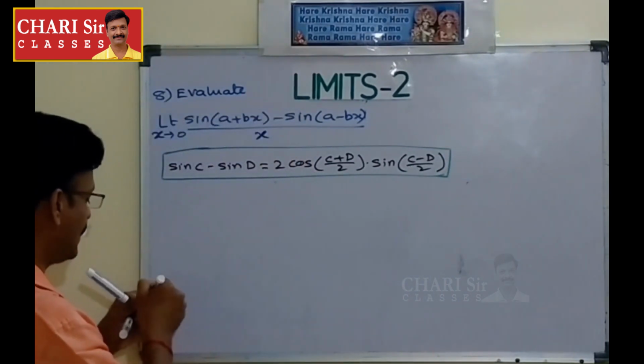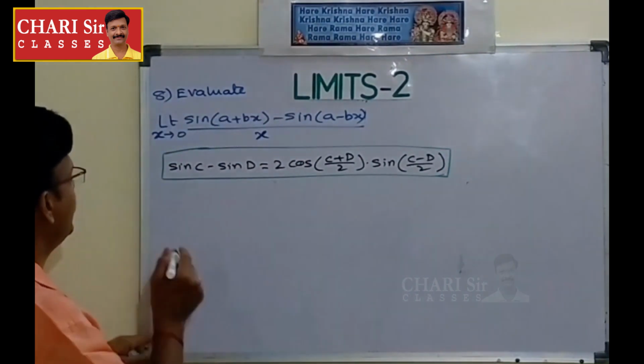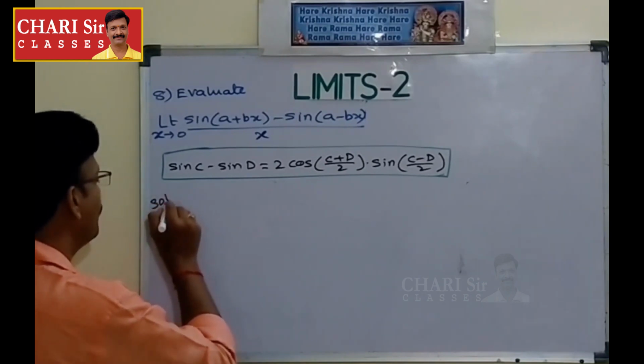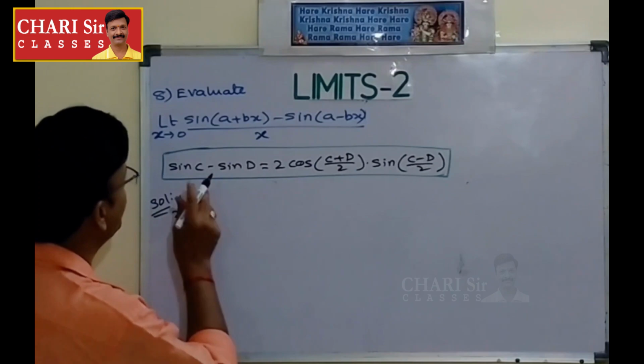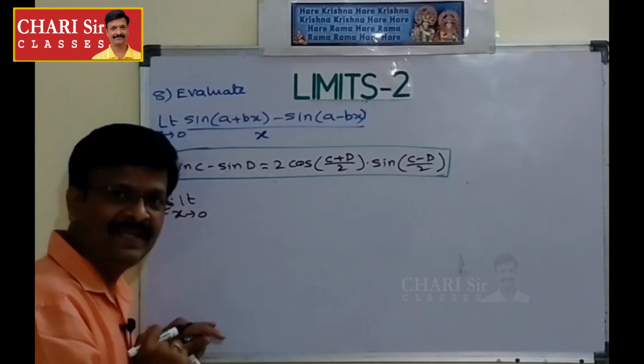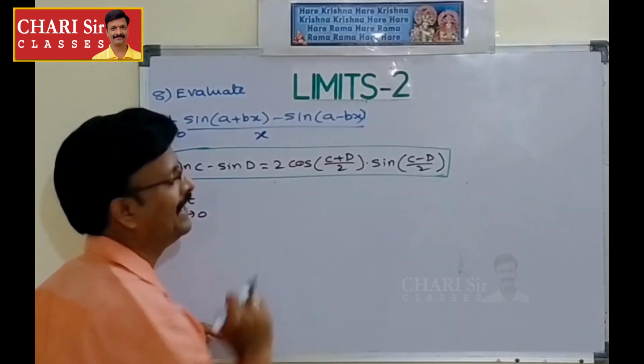Now we'll start the solution. In the solution, limit x tends to 0. Here C means a plus bx, D means a minus bx.